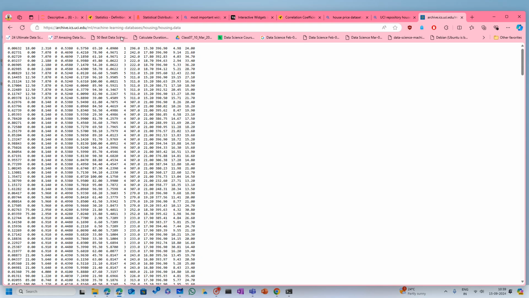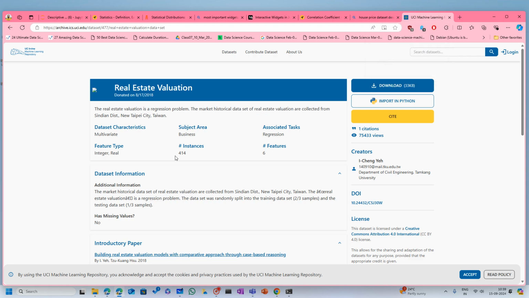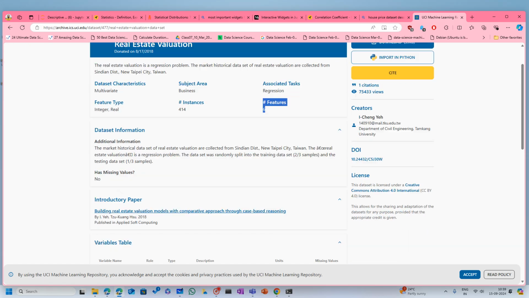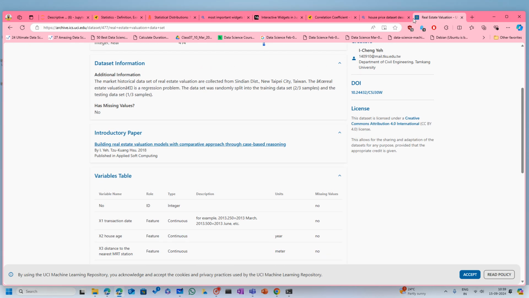Okay, this is the data set, but what is the description? Housing price. Okay, they have taken only 6 features. Anyway, I will find out where these features are coming from.